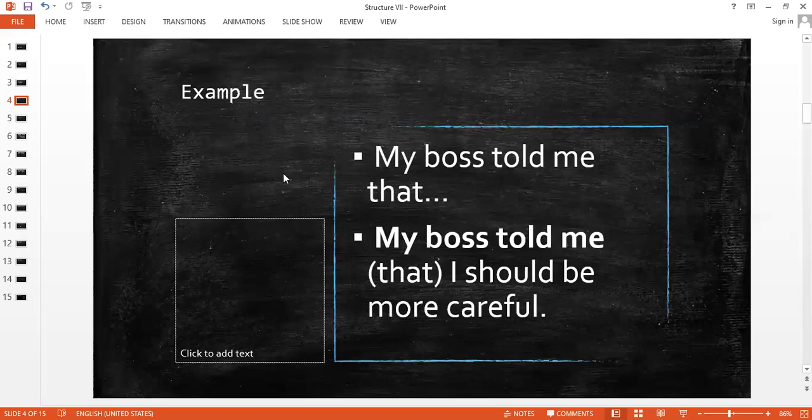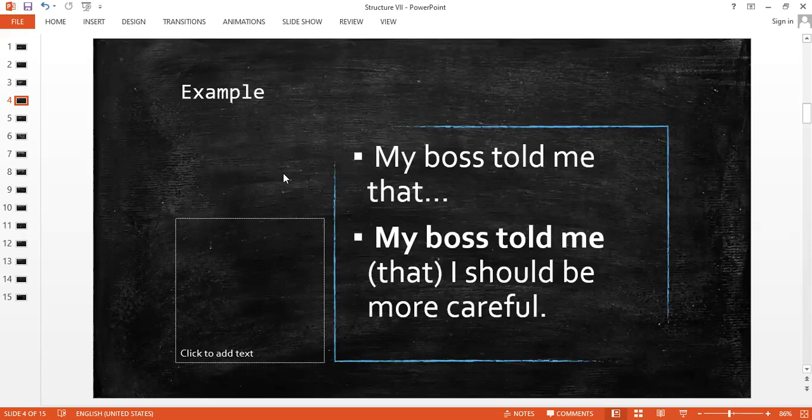Here's another example. From the expression my boss told me that, actually you can use it in another occasion or another condition, like my mom told me that, my teacher told me that.